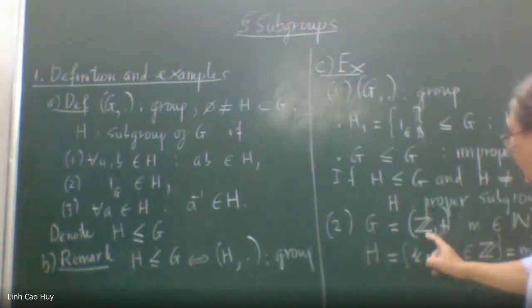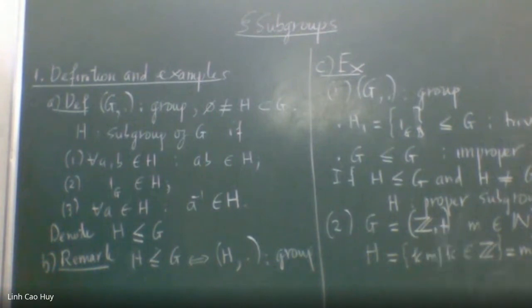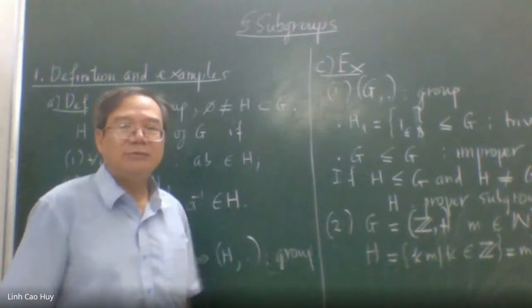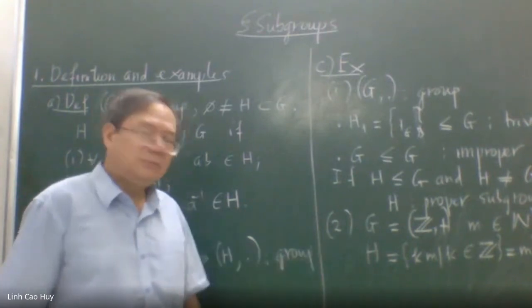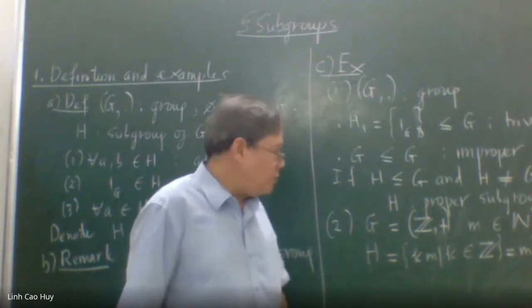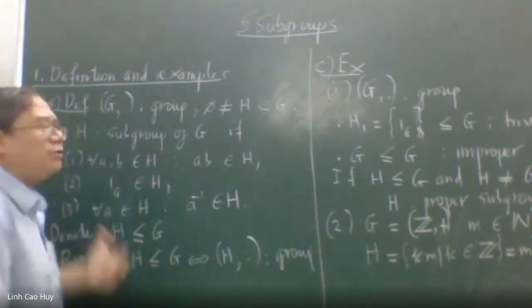The identity of G, the identity here, is 0. 0 belongs to S when k equals 0. So it satisfies the second condition.